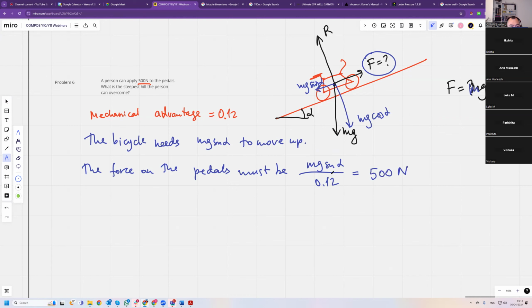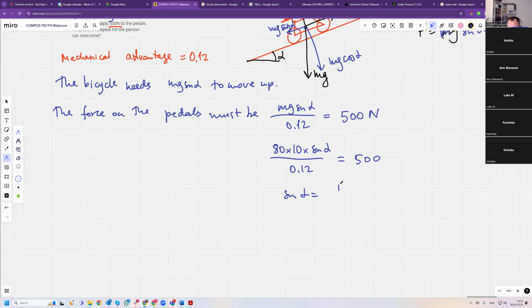And so from here, okay, let's take a mass of the cyclist as 80 kilograms. So it's 80 times 10 times sine alpha divided by 0.12 equals 500. So sine alpha equals 500 times 0.12 divided by 800, which is 0.0748.